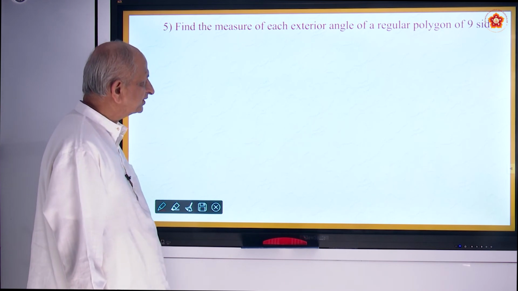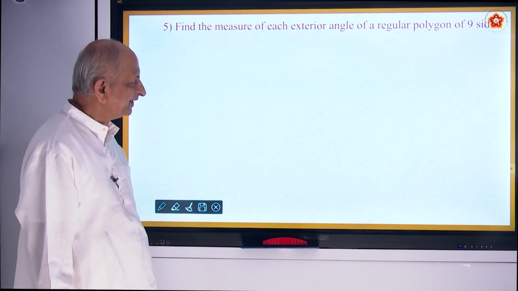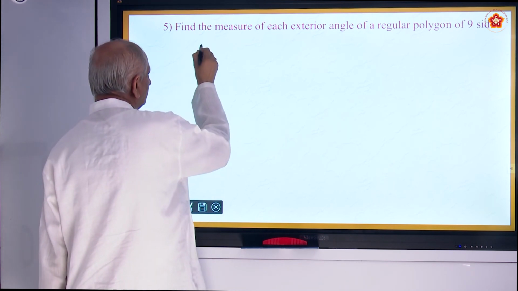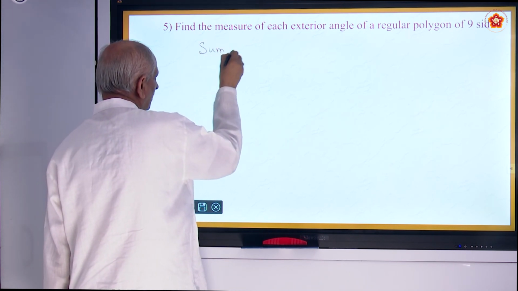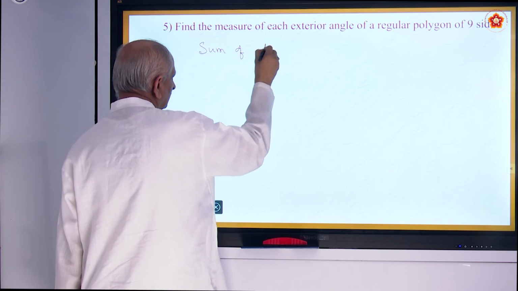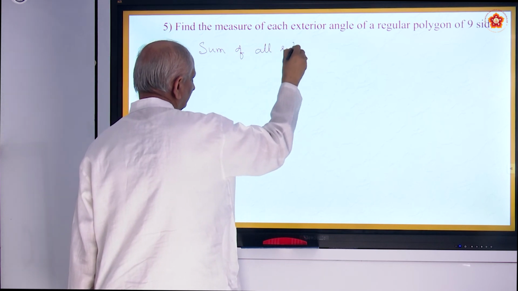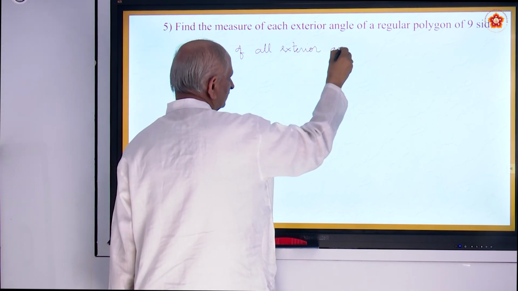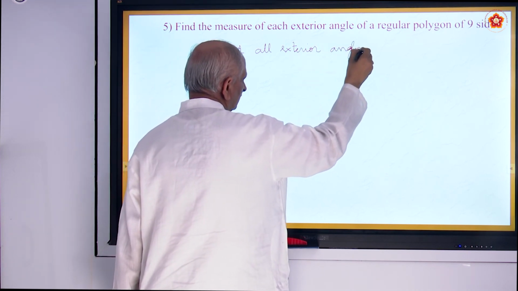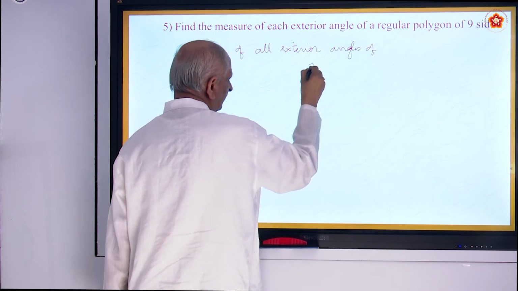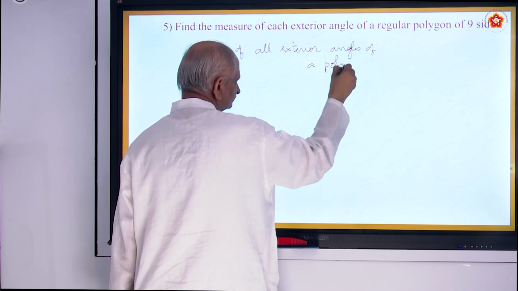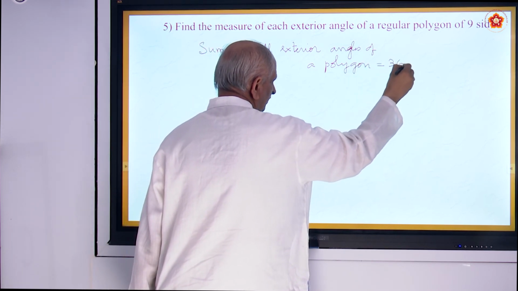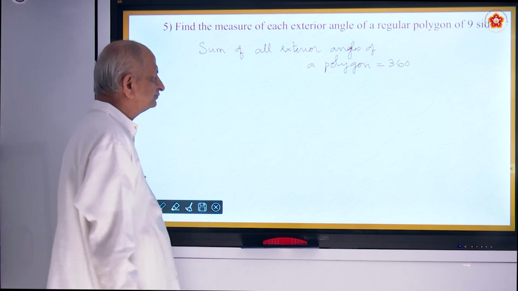Find the measure of each exterior angle of a regular polygon of 9 sides. 9 sides, same type. So first you must know the sum of all the exterior angles of a polygon is equal to how much? 360 degrees.